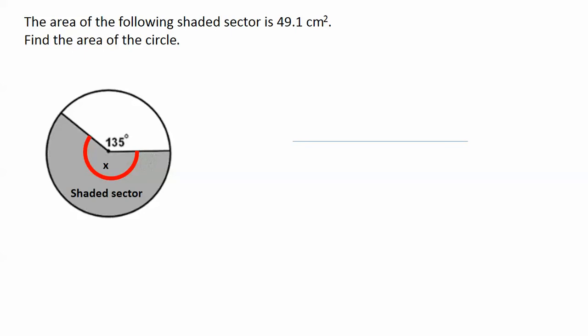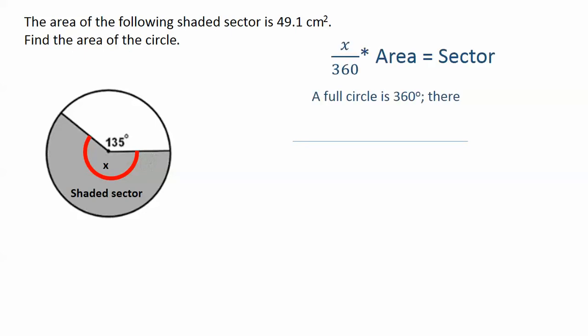All that I have is the unshaded part, but I know that a full circle is 360 degrees. Therefore, that x plus the 135 degrees that I'm given will have to equal 360 degrees. So solving for x, I'll subtract 135 degrees from both sides, and I find that x is 225 degrees.